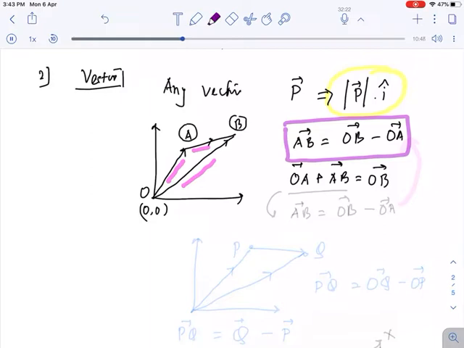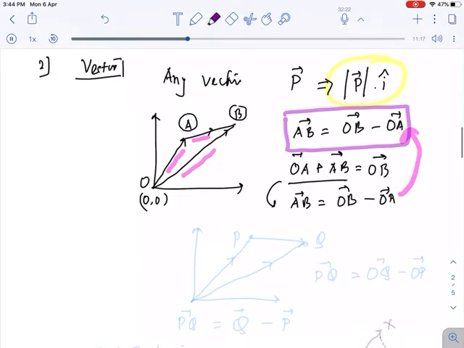OA plus AB are in the same direction, and OB is in the opposite direction. So after addition of these two, I'll get OB. So from this equation you can get AB is equal to OB minus OA. This is the same equation, the difference OB minus OA.